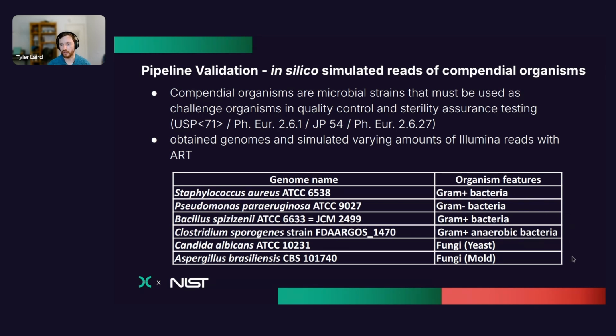There's a variety of different classes of organisms here: gram-positive and gram-negative bacteria, as well as aerobic bacteria, anaerobic bacteria, and two fungi representatives, one being a yeast and another a mold. We obtained these genomes and then simulated varying amounts of Illumina reads with the ART software.